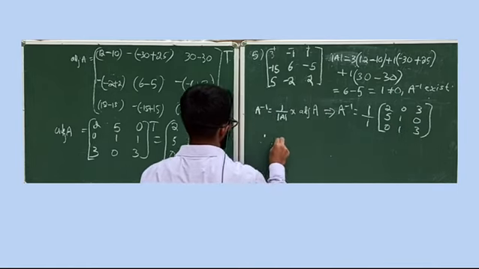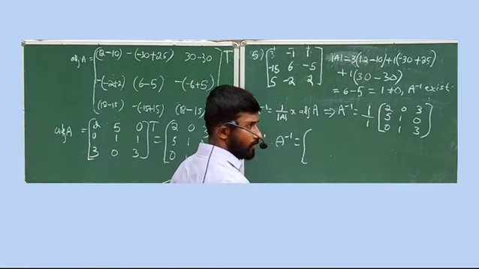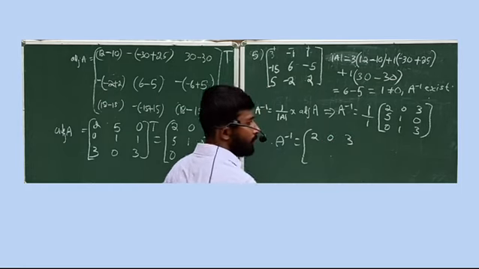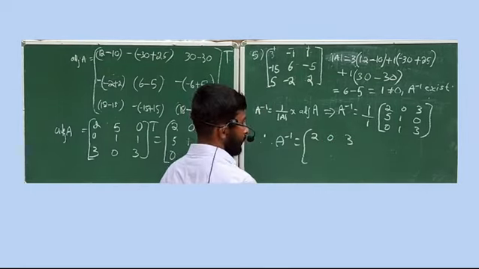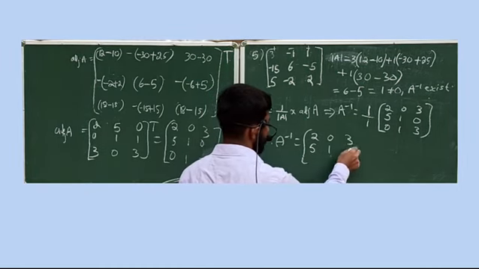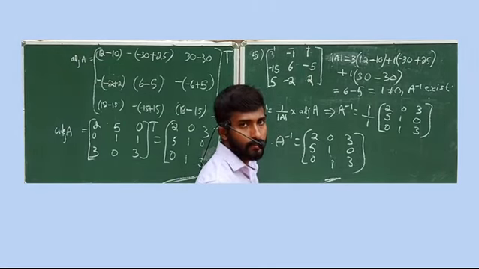Therefore A inverse is equal to 1 into any number is equal to same number. So here the matrix is there. If you multiply 1 to each element of this square matrix, you will get the same element. Second row entry 5 1 0, 0 1 3 is the inverse of the given square matrix.